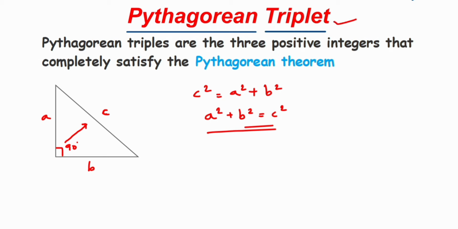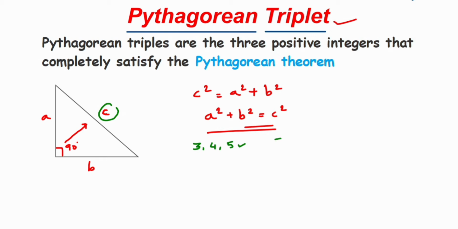Let us take a small example to understand this. So 3, 4, 5 is the best example. Now remember, in this 3, 4, 5, you might be thinking which one will be A, B and C. In a right angle triangle, the hypotenuse is always the largest side. So in this 3, 4, 5, obviously the 5 has to be the largest side. Let us cross check this one.